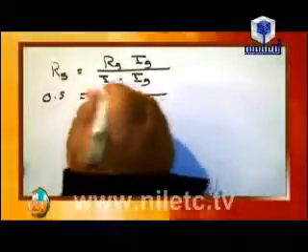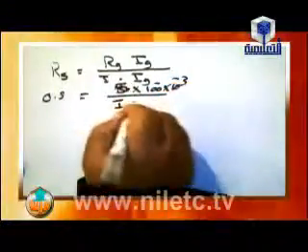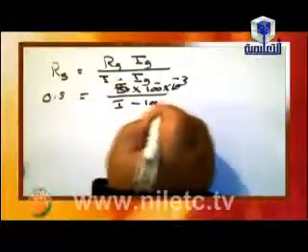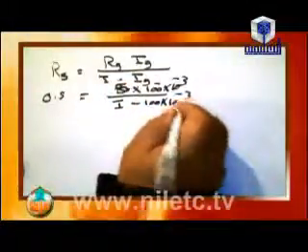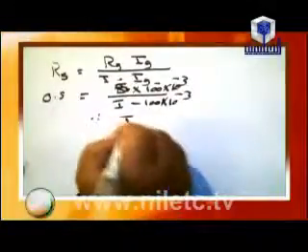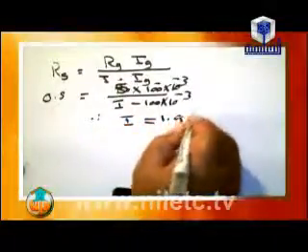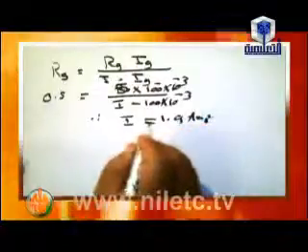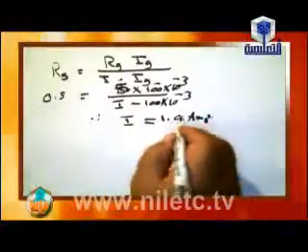So the shunt will be two shunts, each one equals 1 ohm, so the total resistance will be 0.5, equals RG times 100 times 10 power negative 3 over I minus 100 times 10 power negative 3. Then the current will be 1.9 ampere. We notice that if the shunt resistance decreases, the current increases.